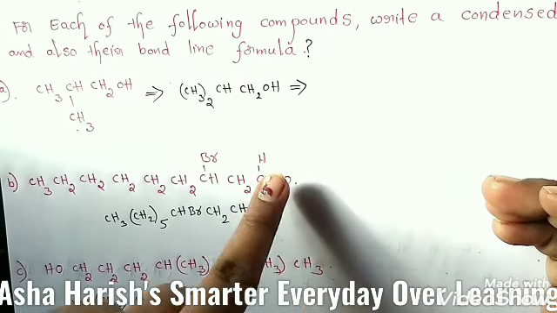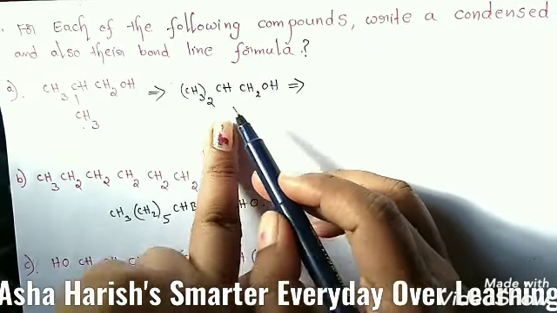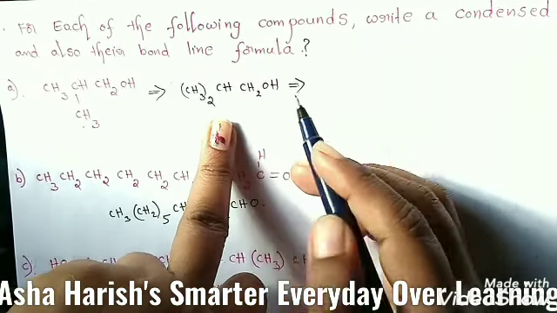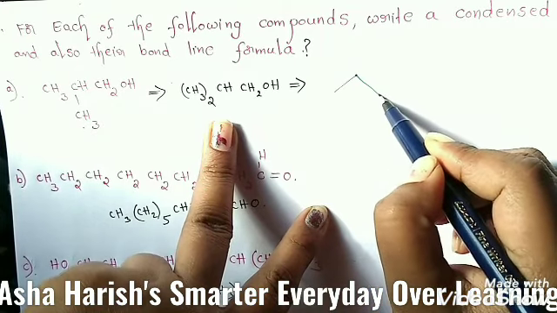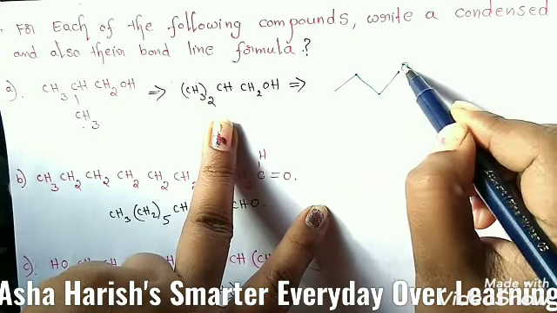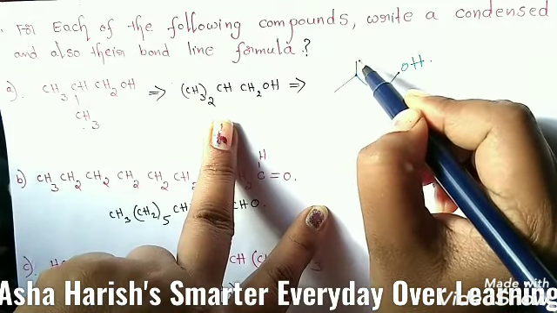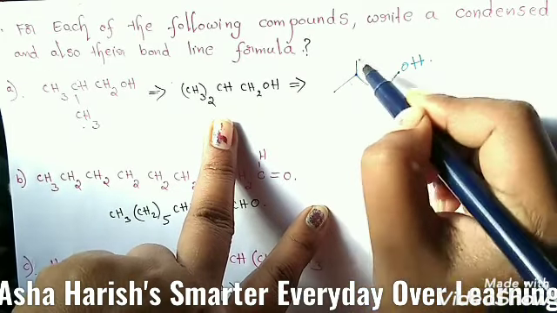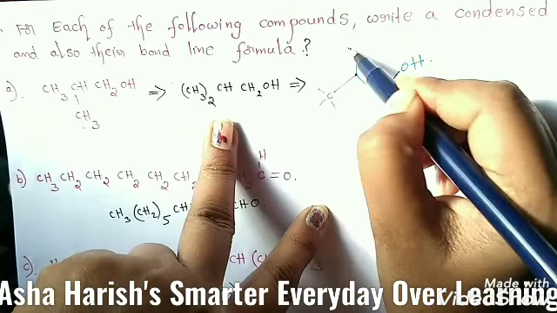So you can observe very clearly, students. Here CH3, 2, CH, CH2, OH. So 1, 2, here if I write OH, and here 1 CH3, here 1 CH3, like this.